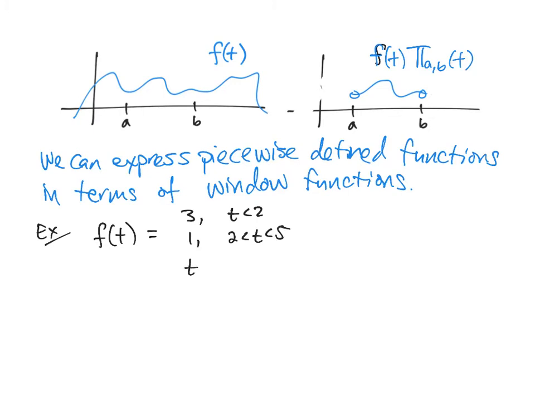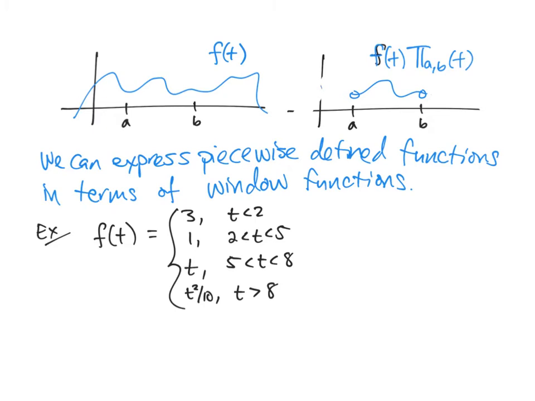It's equal to t if t is between 5 and 8, and t squared over 10 for t greater than 8. I'm just picking what's in the book, but this really could be anything. Okay, so this is our function.